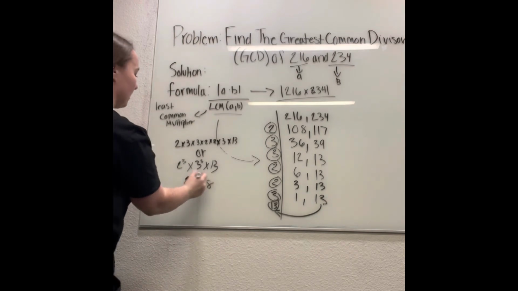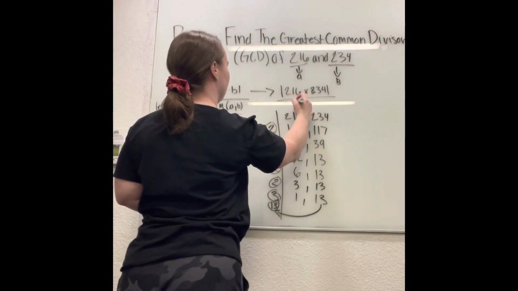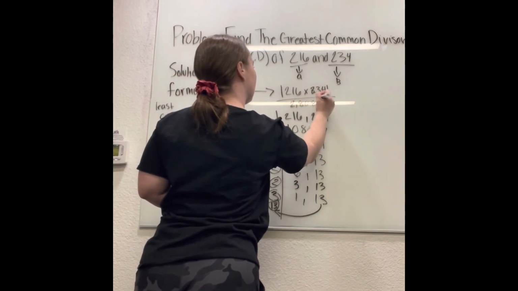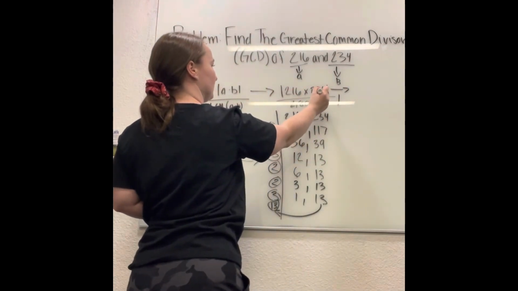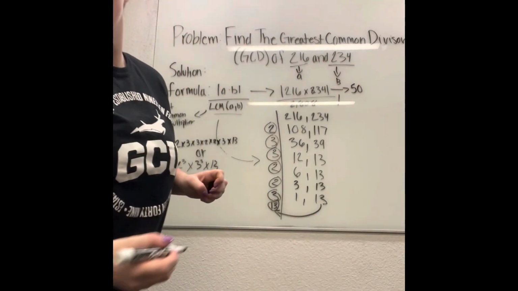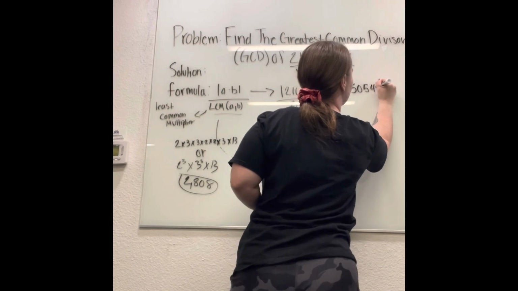So we now take this number and we put it into our formula here. And then we times our first numbers, which equals 50,544.